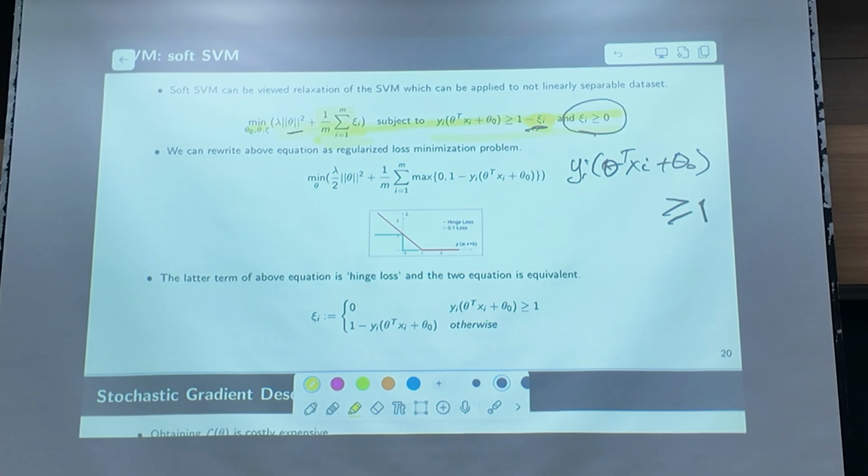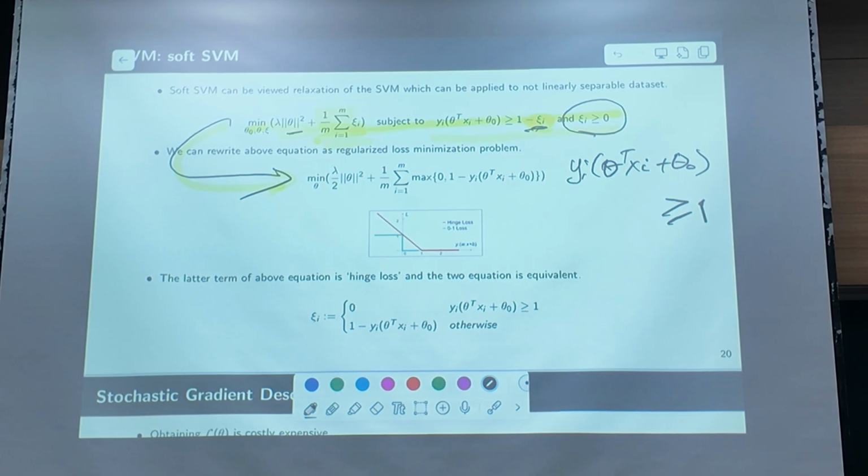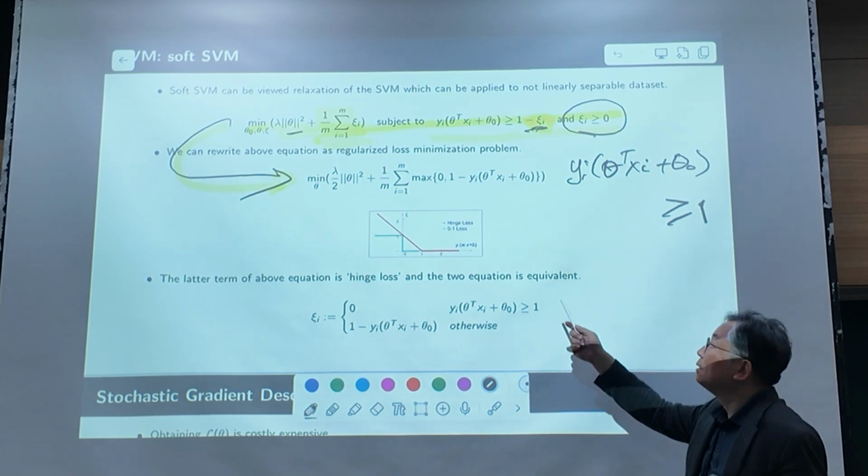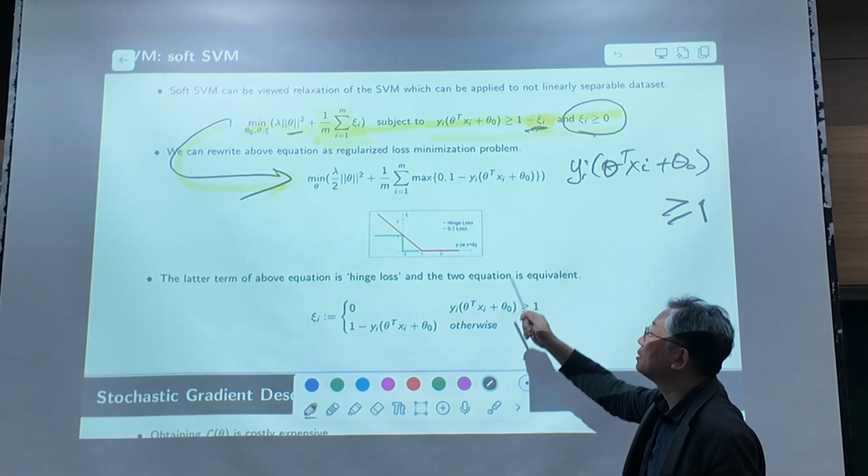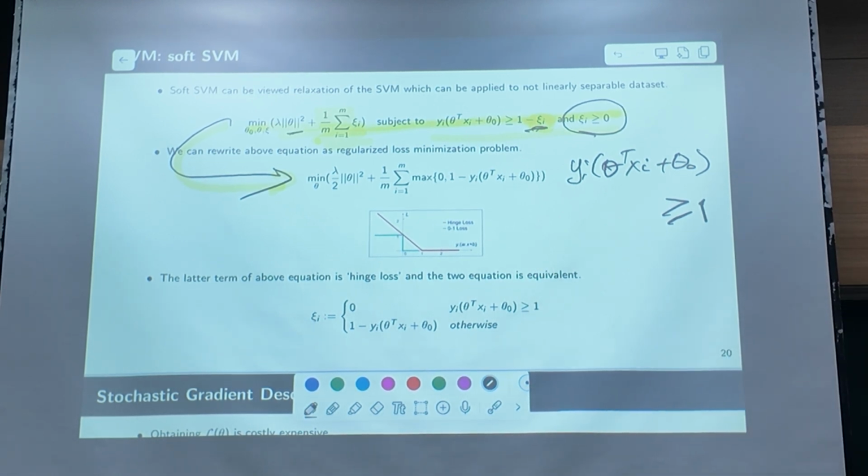And it turns out that this can be formulated into this function with the hinge loss. So the hinge loss is right here. Okay.